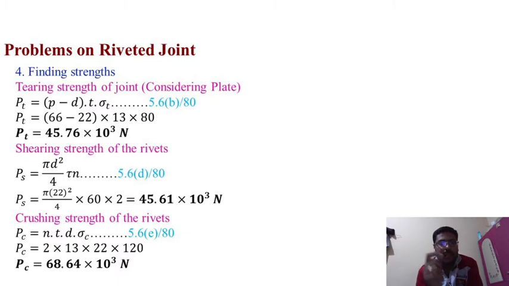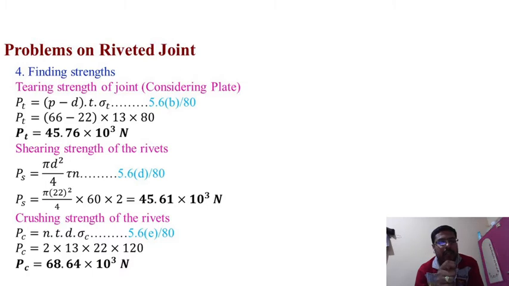Write down the equation. Therefore PT is equal to 66 minus 22 into thickness of the plate 13 mm into sigma T is equal to 80. Therefore PT is equal to 45.76 into 10 raised to power 3 newtons.